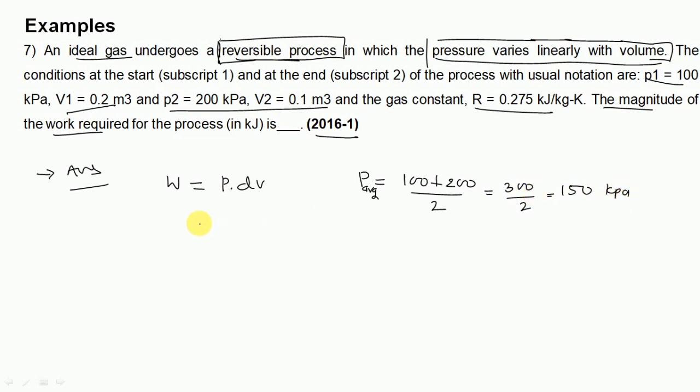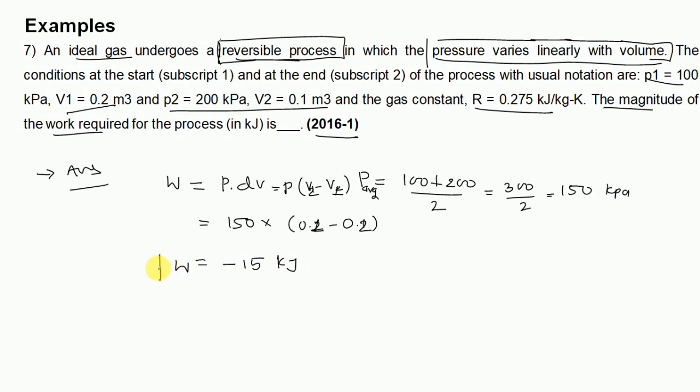Put the value 150 kilopascal, change in volume, V2 minus V1, which is 0.1 minus 0.2. So the total value we get is minus 50 kilojoule.